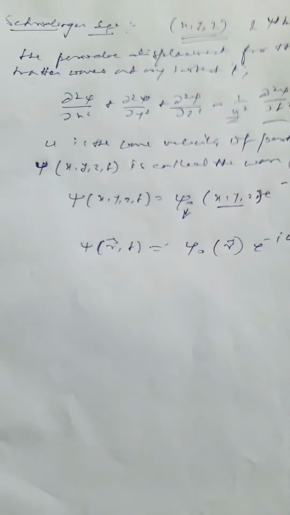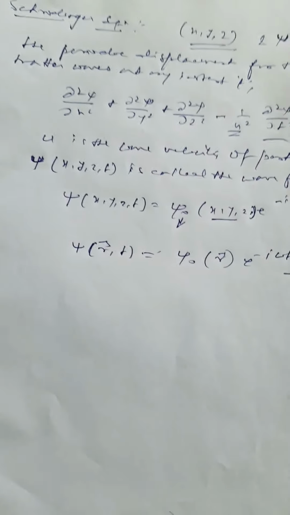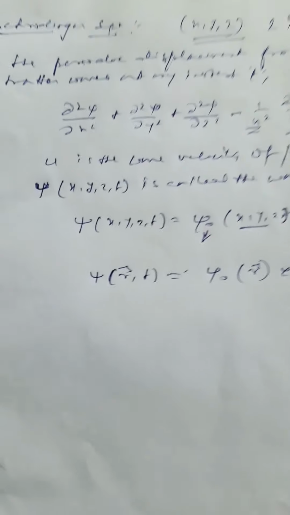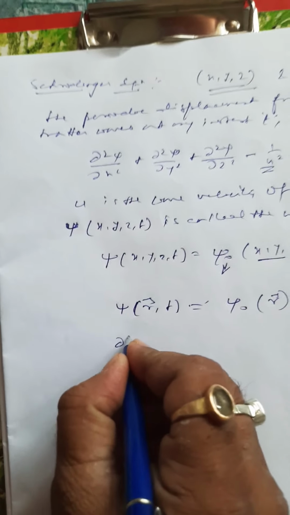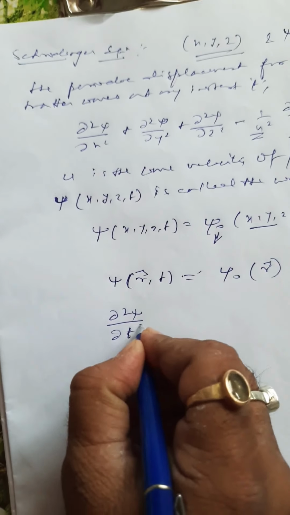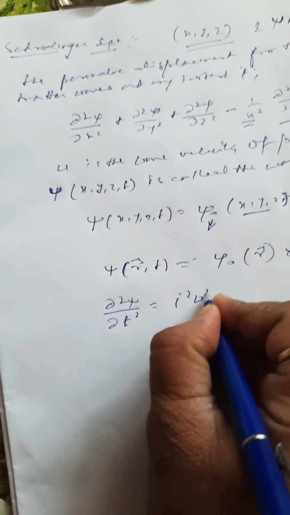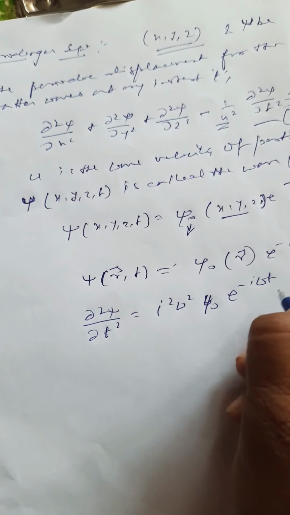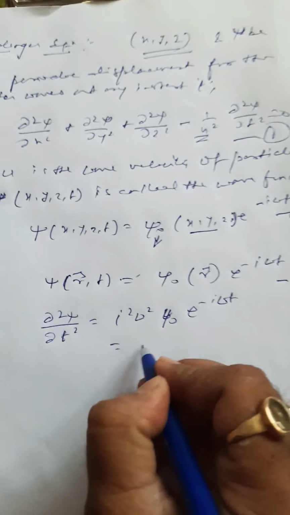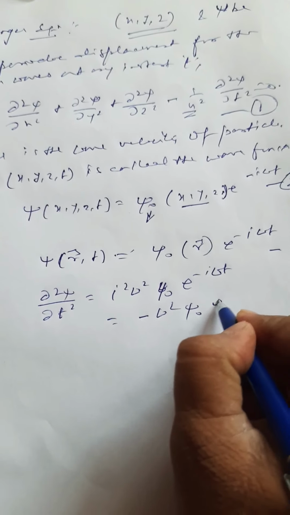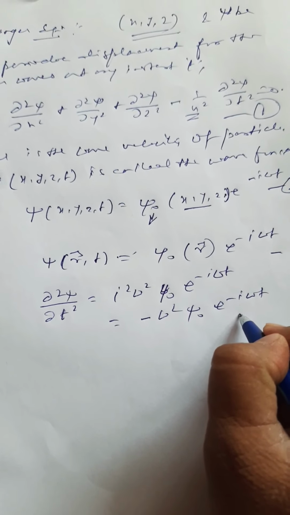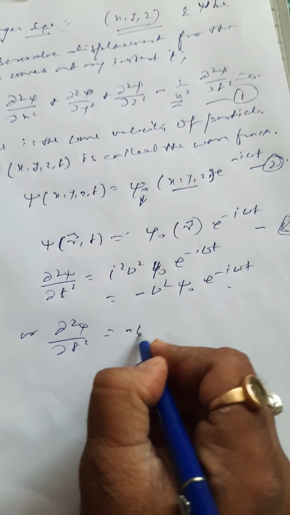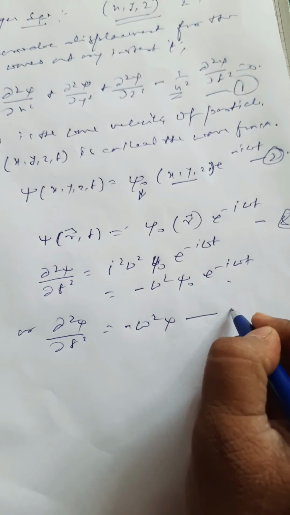So if we differentiate equation number 3 with respect to time twice, we get del square psi by del t square equal to i square omega square psi naught e to the power minus i omega t, which is obviously minus omega square psi naught e to the power minus i omega t, or it can be written as del square psi by del t square equal to minus omega square psi. So this will be equation number 4.